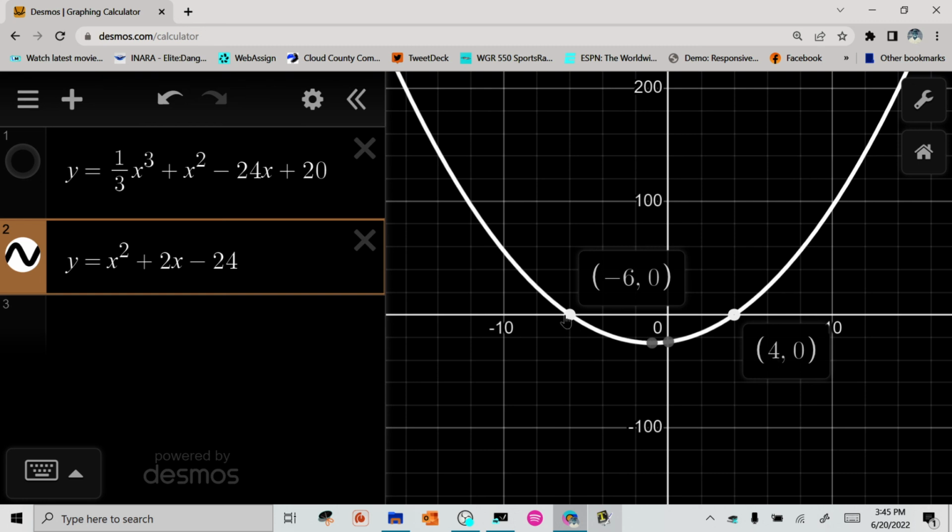Now again, this represents the slope of the tangent line. It's positive, above the axis, all the way up to -6, and then it's negative. So that means the slope is increasing, and then it stops increasing.